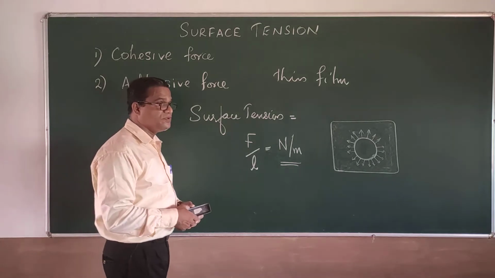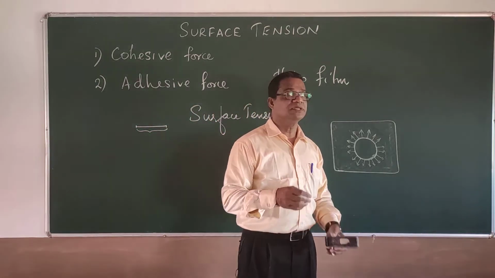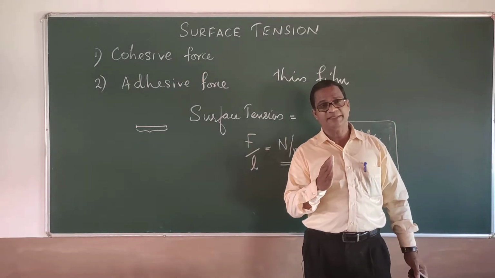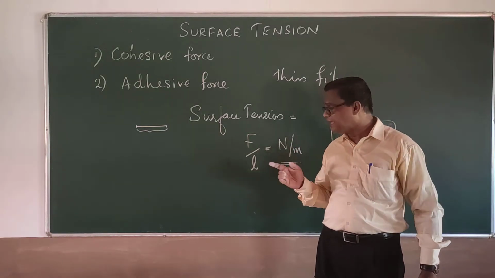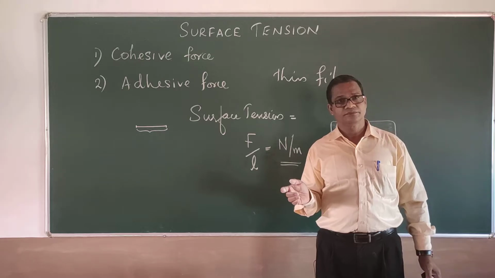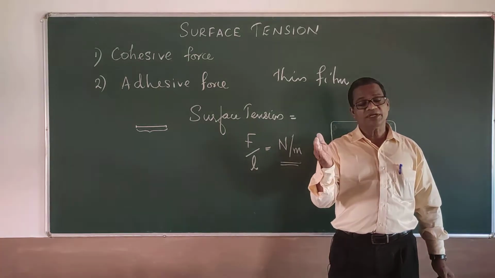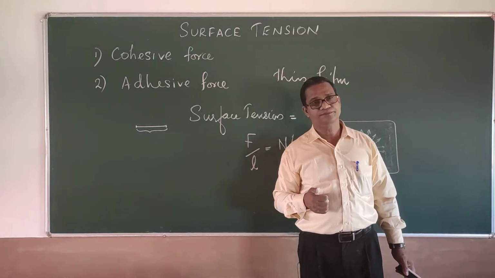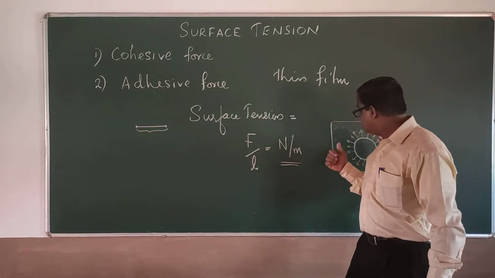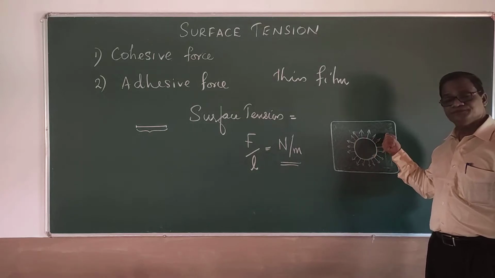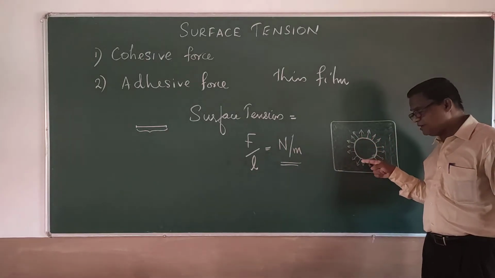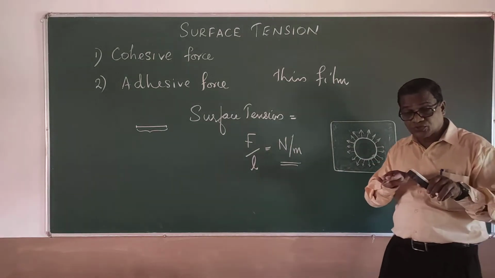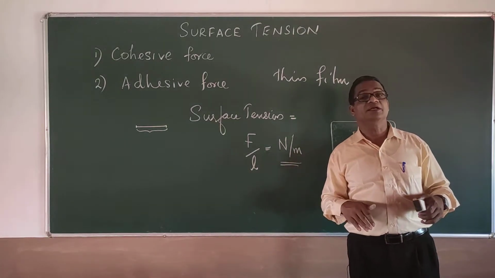So mathematically we can define the surface tension as the force acting per length of an imaginary line drawn on the free surface of the liquid, perpendicular to the line and tangential to the free surface of the liquid.